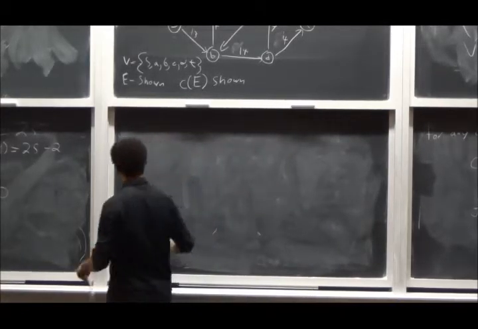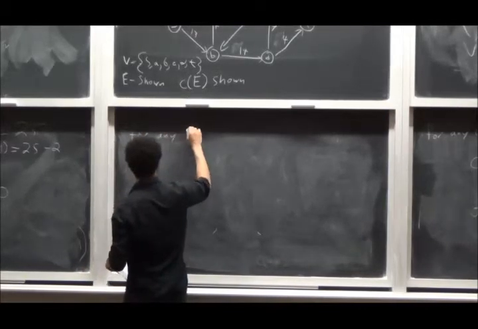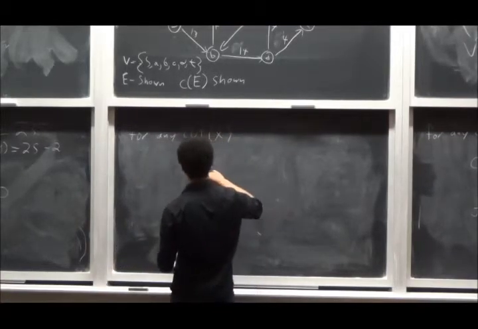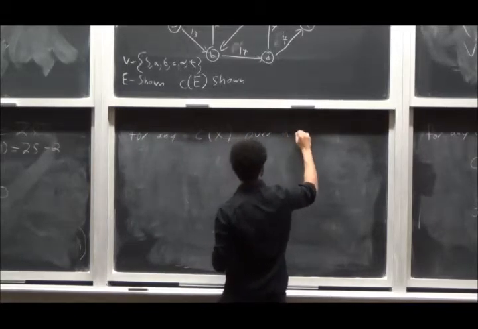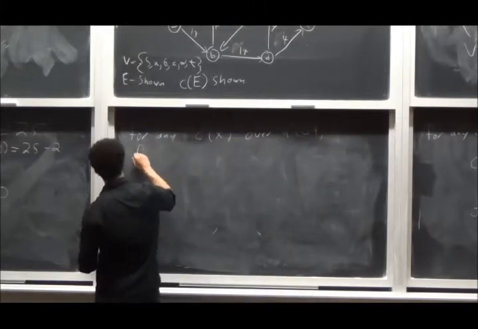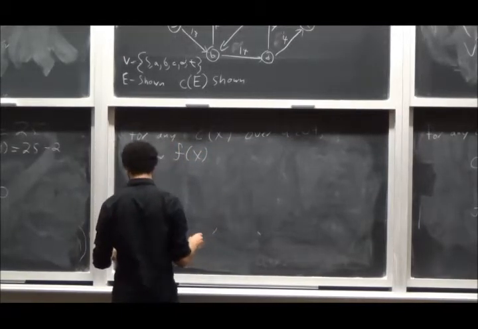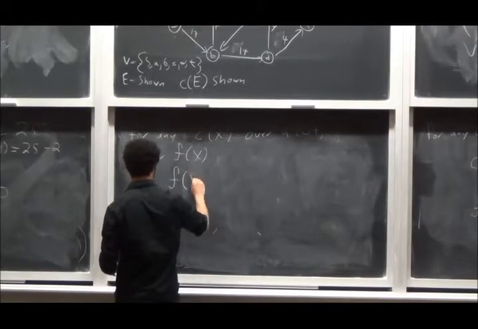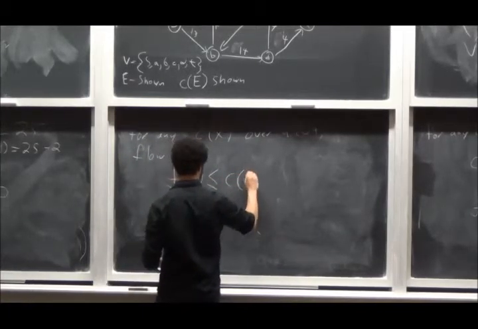So really, it's that for any cut x, for any capacity x over a cut, and flow, we really want to assert that our flow of x is less than or equal to our capacity of x.